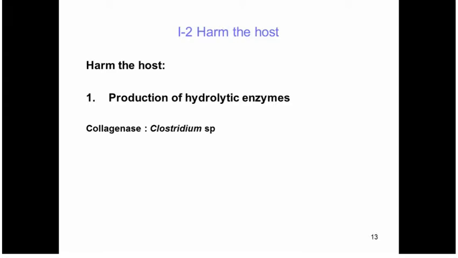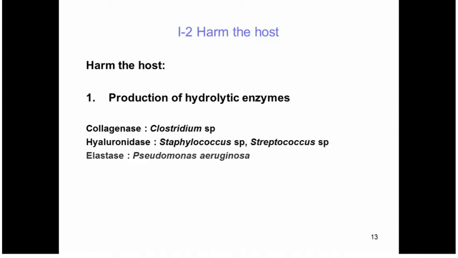So many bacterial pathogens produce enzymes that are going to attack the extracellular matrix. So collagenase, hyaluronidase, elastase.